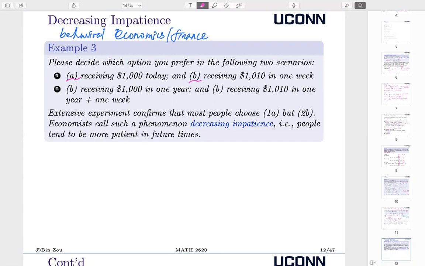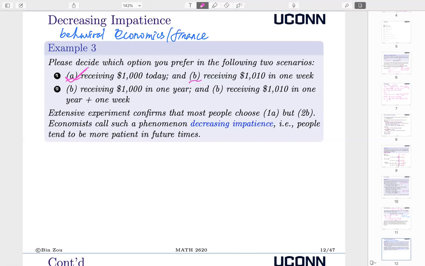According to many experimental studies, economists hire volunteers to do those surveys. They are given monetary incentives, like I give you $5 to do the survey. According to a lot of studies, most participants choose A over B. Okay, if you feel B is your choice, I could increase the amount.